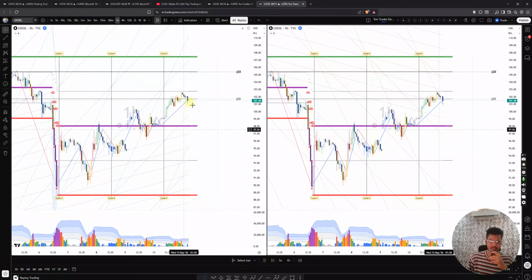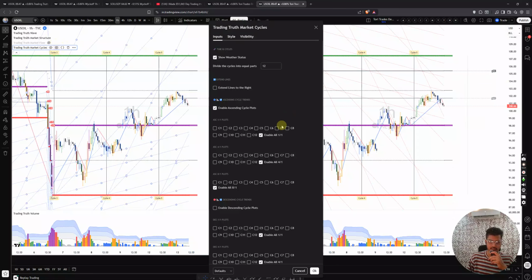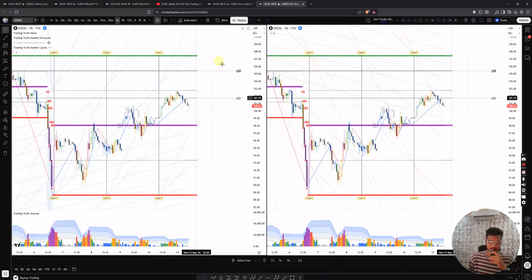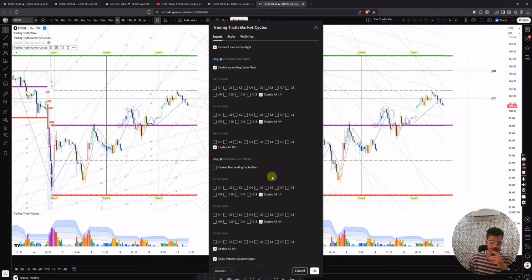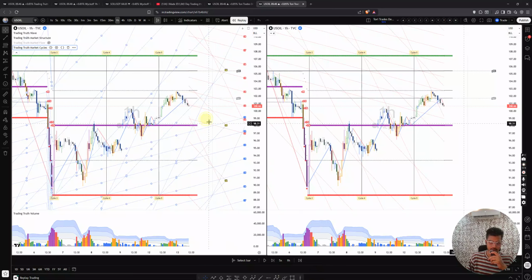And let me actually extend this line to the right side so that you can see that. Just gonna extend it.